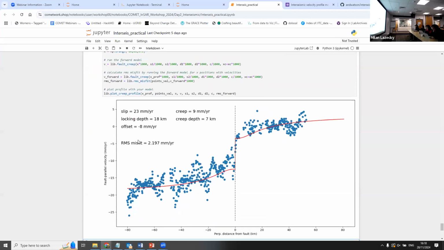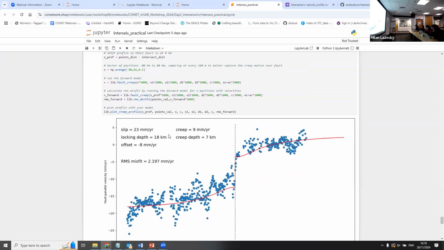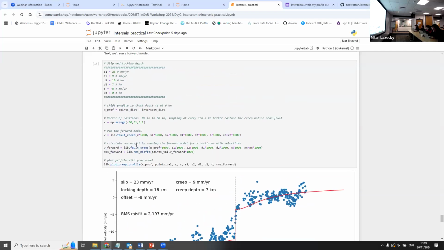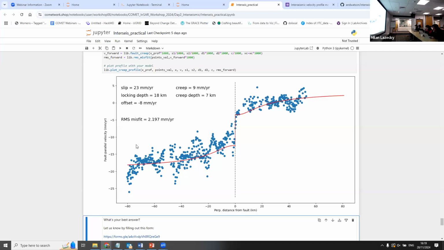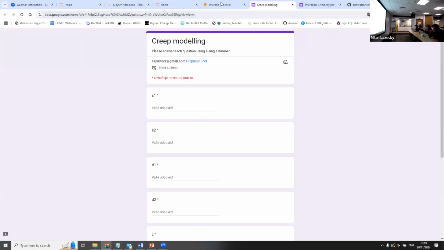Please play with this and make sure that you minimize the RMS misfit. You can also share your best model using this link.